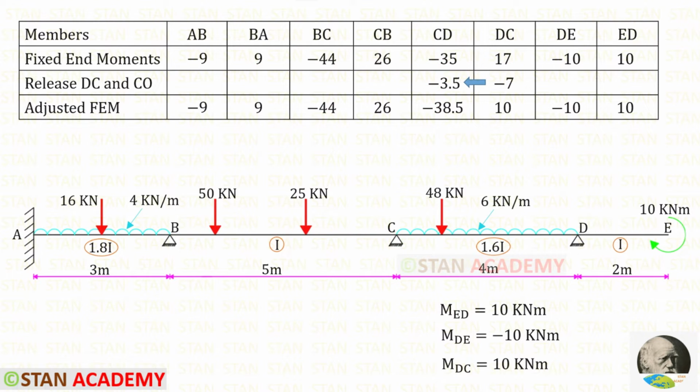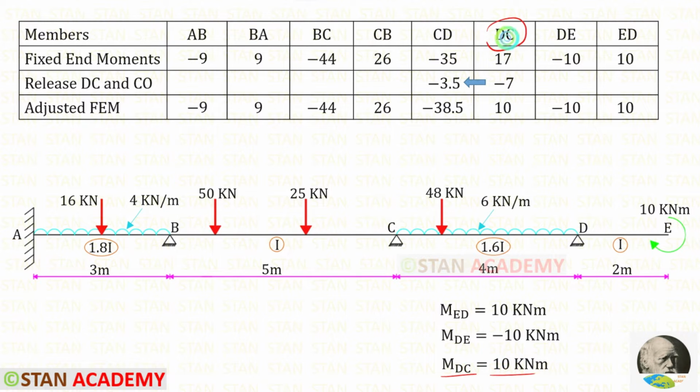We have found the fixed end moments in the span AB, in the span BC, and in the span CD. For DE, we have found the final moment. Let us enter that. At the point E, there is a clockwise moment 10. This moment can be taken as the moment in ED. Since it is acting in the clockwise direction, it is positive. We know the final moment for DC, which is 10.